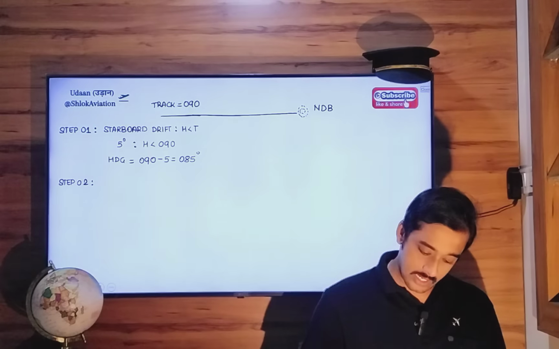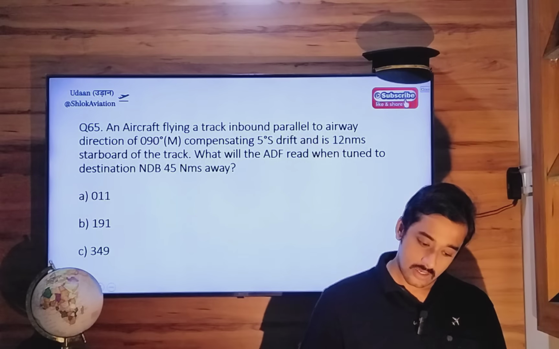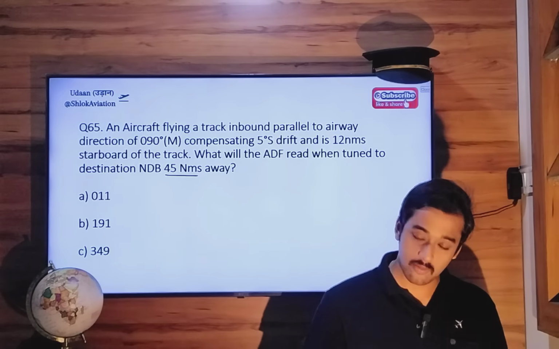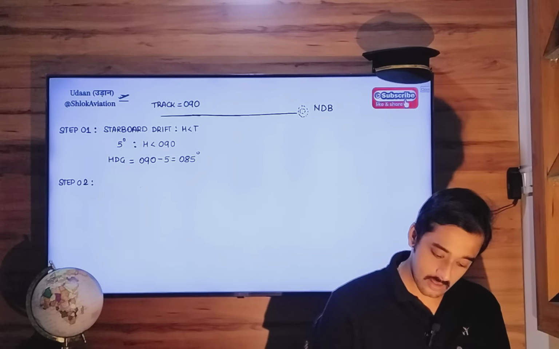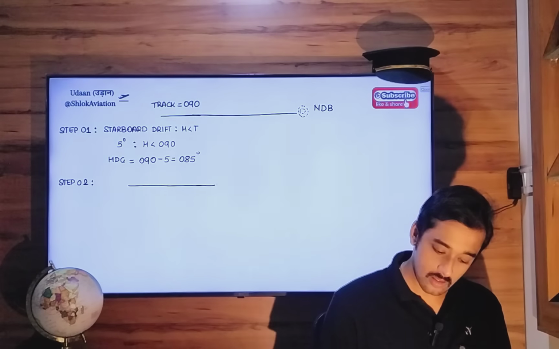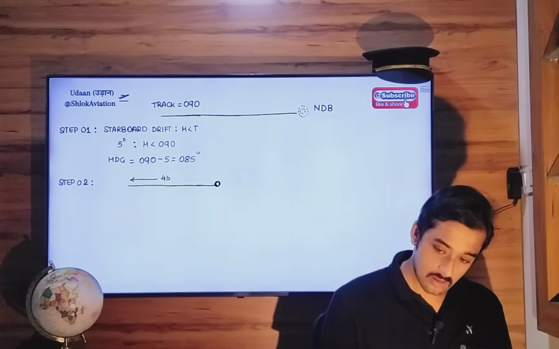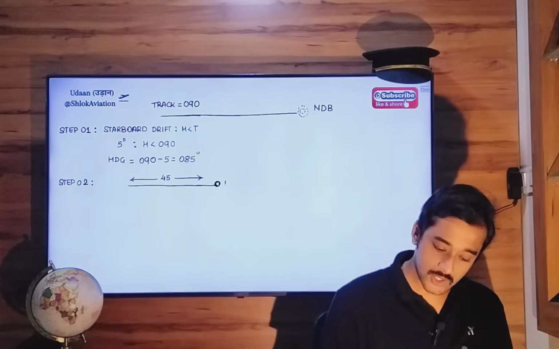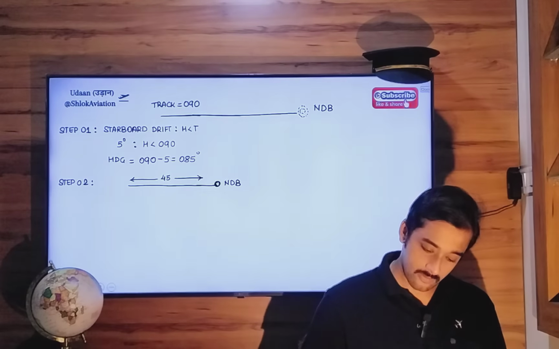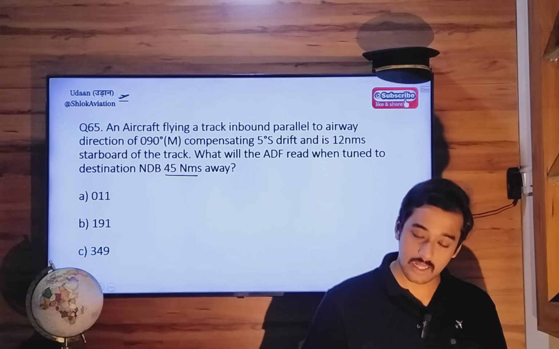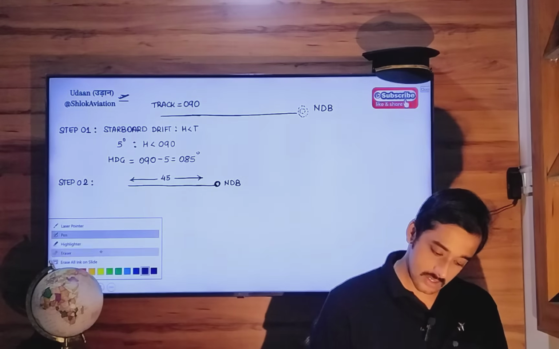Step 2, apply the 1 in 60 rule. So the NDB is 45 nautical miles away. This is your NDB. Aircraft is 12 nautical miles to the right hand side.